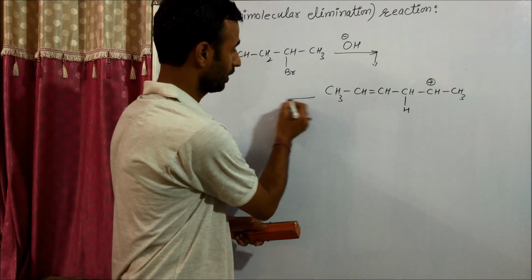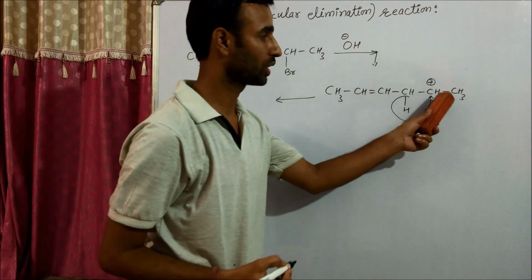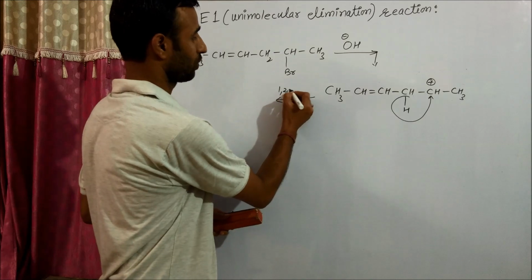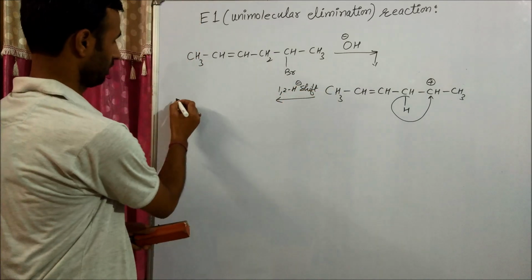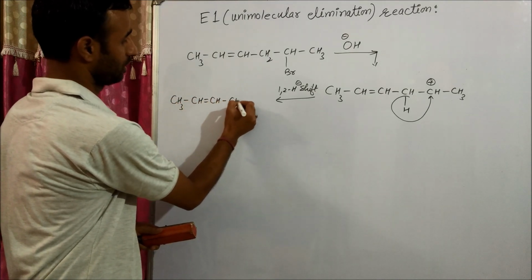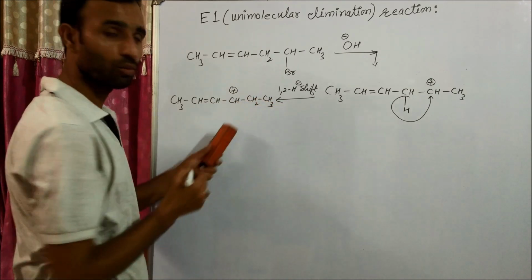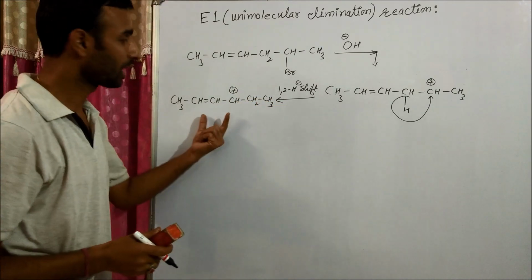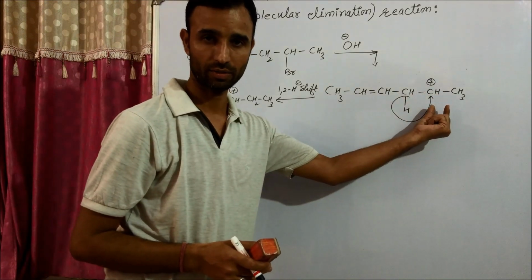So if we shift this hydrogen with its electron pair, this is called a 1,2 hydride shift, then we get an allyl carbocation, and you know allyl carbocation is more stable than the secondary carbocation.